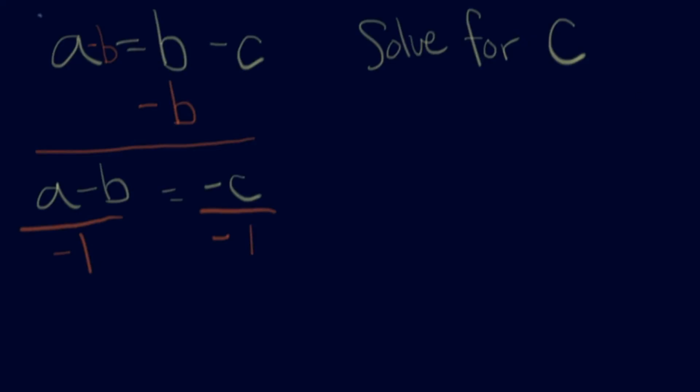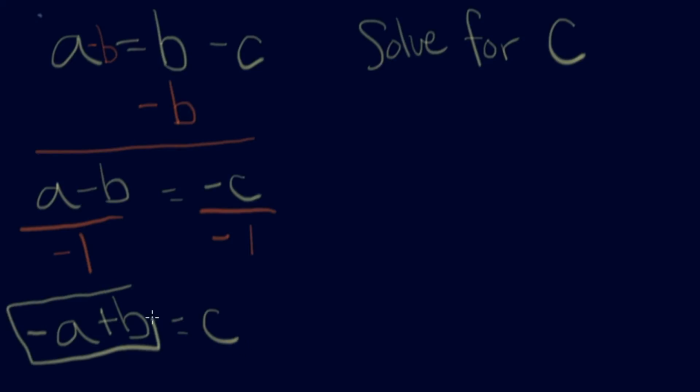And what happens when you do that is it basically changes the signs. So this A becomes negative A, and this B becomes positive B, and this C now becomes positive C. And there you go. C is equal to negative A plus B. It seems a little bit weird to say that, but that's the answer.